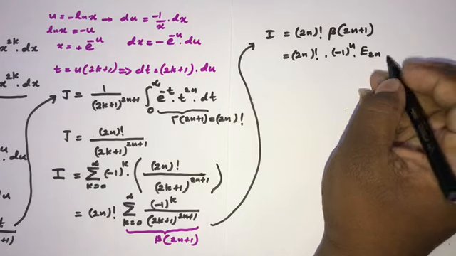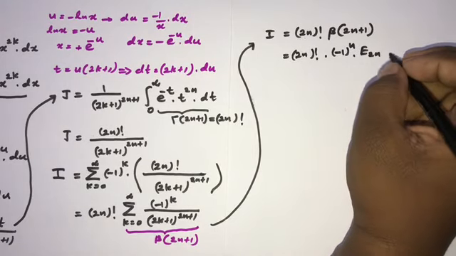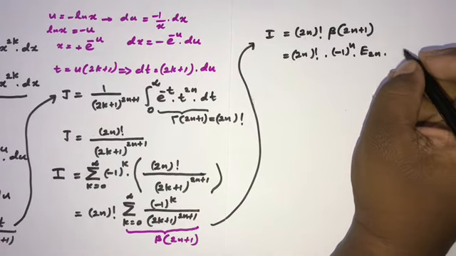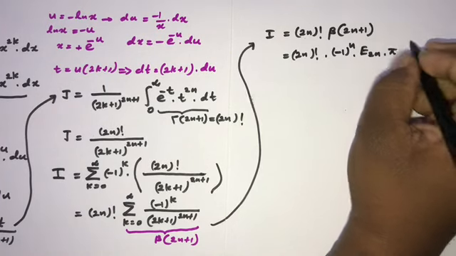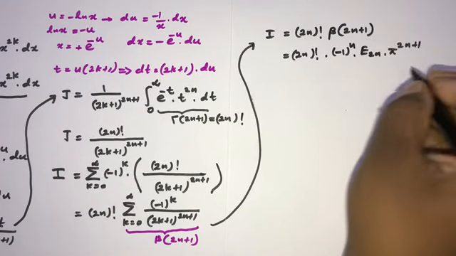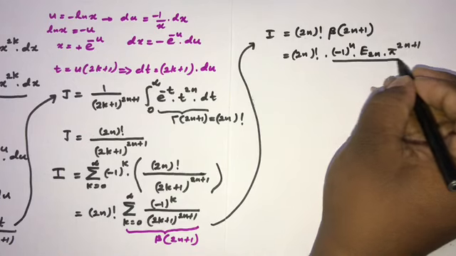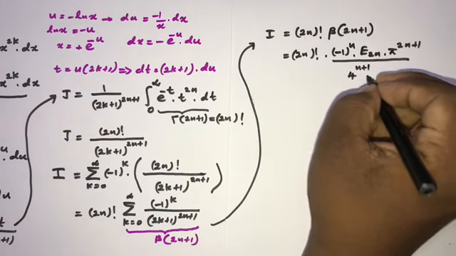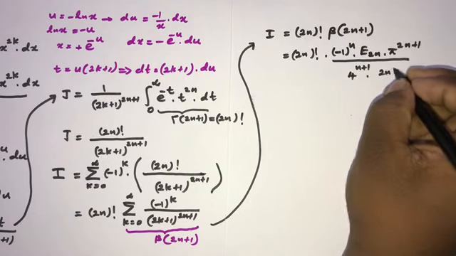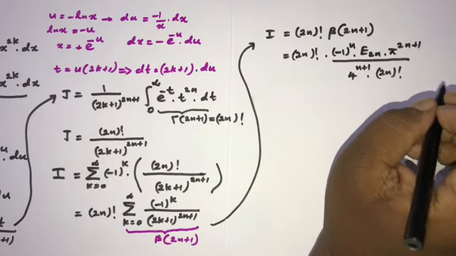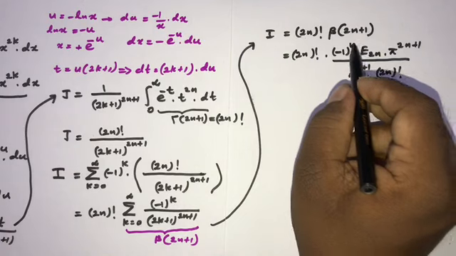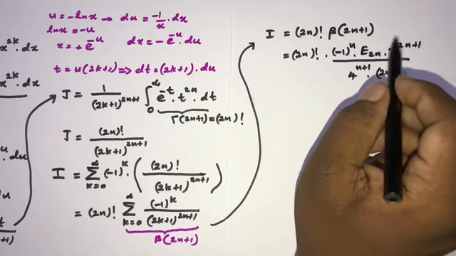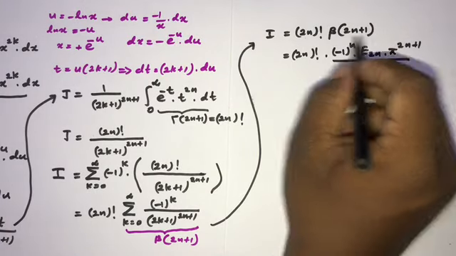So E sub 2n times pi raised to the 2n plus 1 power over 4 raised to the n plus 1 power times 2n factorial. This is the famous relation between the Euler number and the Dirichlet beta function.